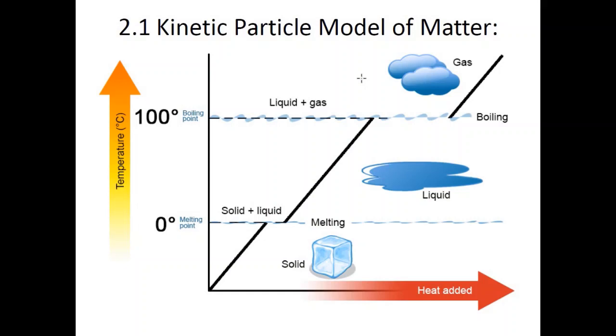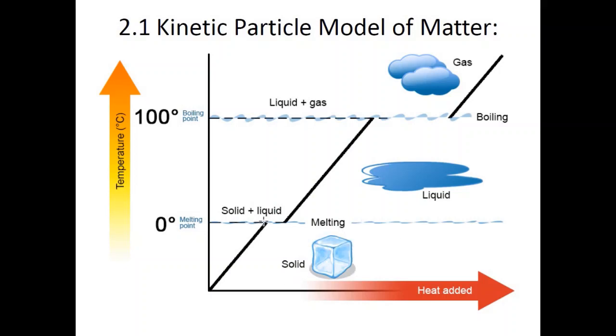This is a curve for change in state. Below 0 degrees centigrade, this is for ice. For different substances it can be different, as this is for water. So below 0 degrees centigrade, water is in the form of a solid, meaning ice.